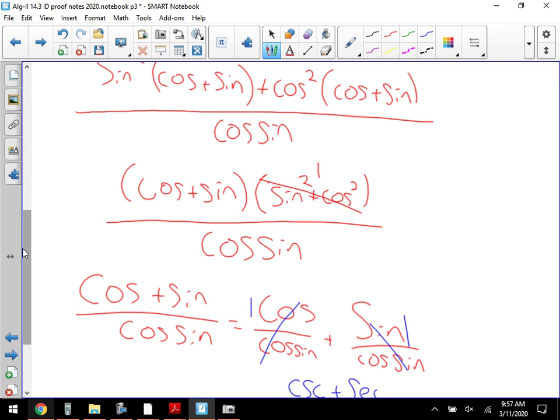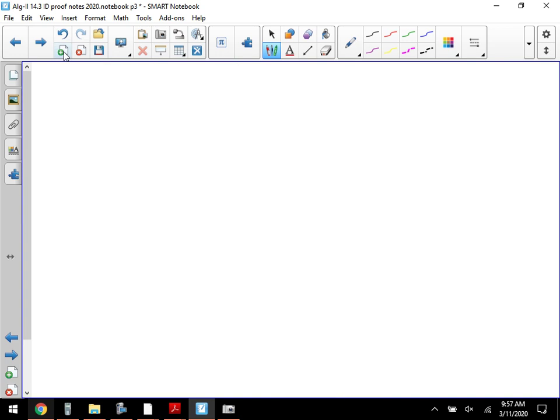When you go to the next one there, you've got sine over 1 plus cosine, and you wind up with reciprocals. This is one where you probably want to try and shoot for a conjugate. Or, in this case, we can try a conjugate, or we can try and see if a reciprocal function is going to work.